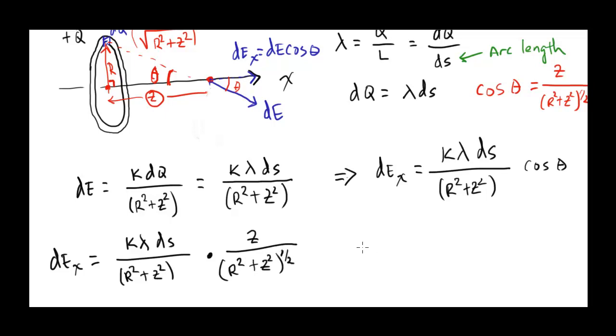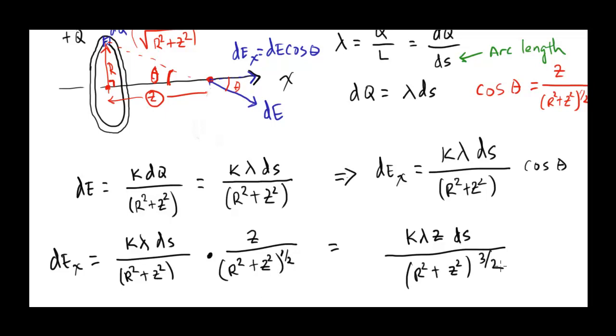All right, and how can I rewrite this? Well, I can multiply z on top. I get k lambda z ds over r squared plus z squared to the 1 plus 1/2, that's 3 halves.